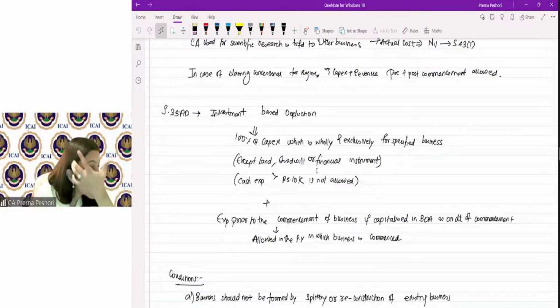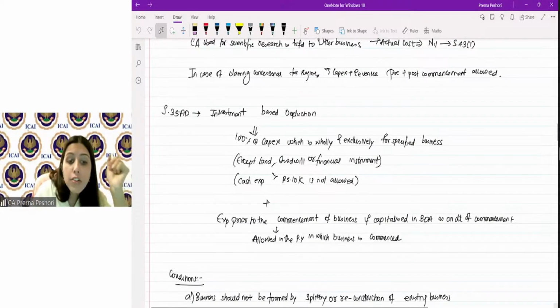So the land is not allowed as deduction under section 35AD. Yes, students, so you will not get it for the land.